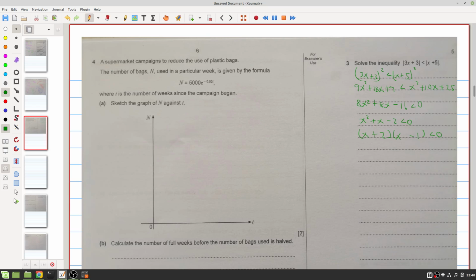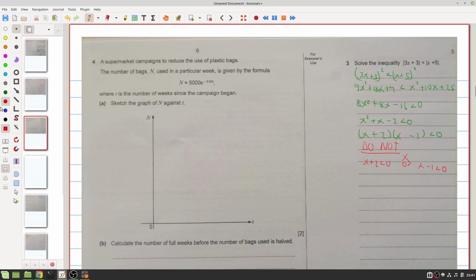Okay, so now most people would get this part right, but now the next part, a common mistake would be to do this. So let's say red, what we do not want to do. So do not from here say that means x plus 2 is less than 0 or x minus 1 is less than 0. That is not correct.